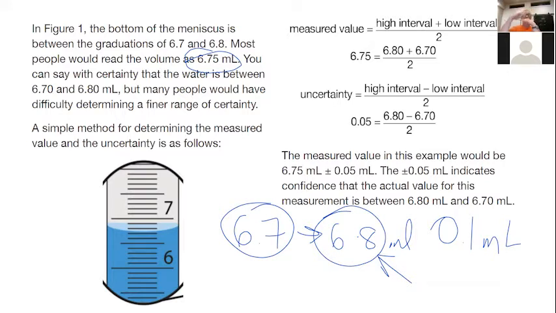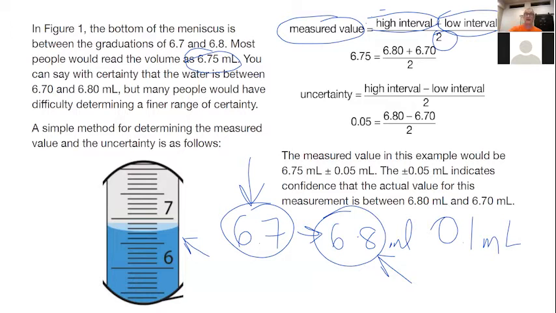That is the highest it could be. We know it's not 6.7. It's between 6.8 and 6.7. So the low interval would be whatever is written on the particular piece of equipment we're using that's less than where we see the meniscus. So the measured value is basically somewhere in between the high interval and the low interval divided by 2. And that basically tells us what our uncertainty is in that particular measurement.